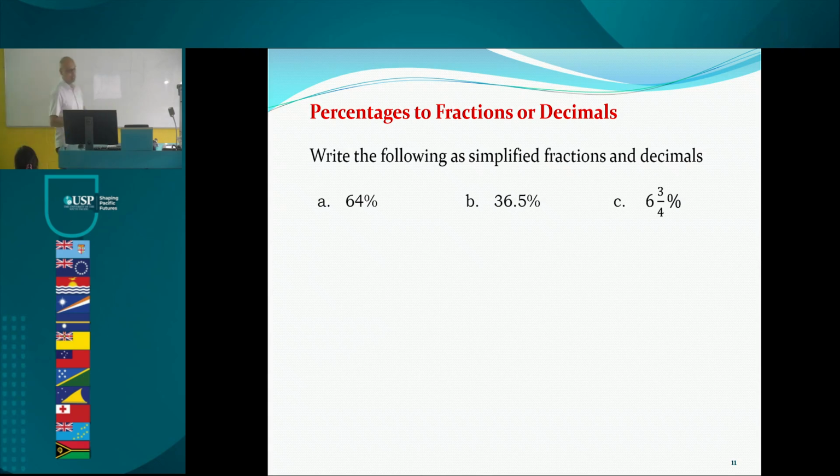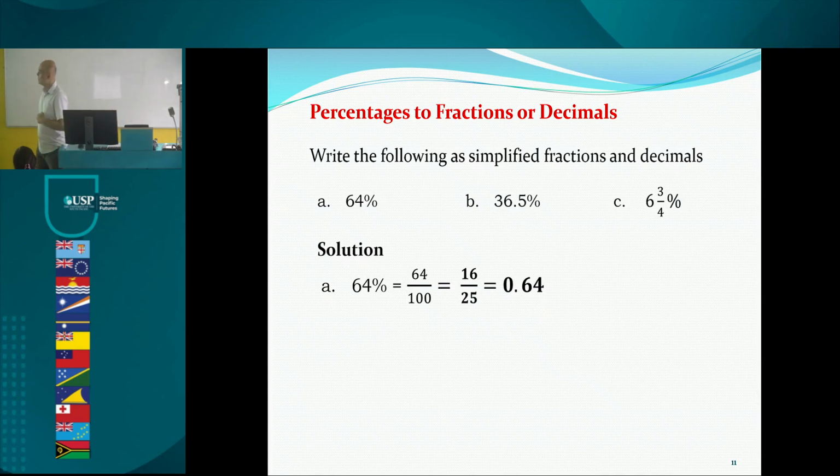Alright, so tell me, how do you write a percentage into a fraction? Anybody? 64%. How do I write it as a fraction? Wonderful, 64 over 100. And how do I write it as a decimal? My calculator does it for you. 64 divided by 100, I press equals, my calculator tells me it's 0.64.